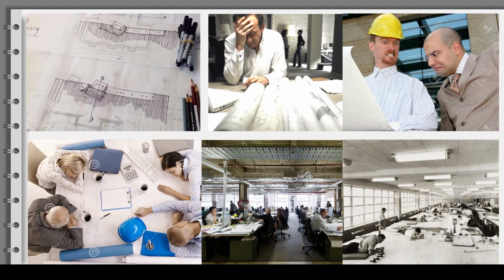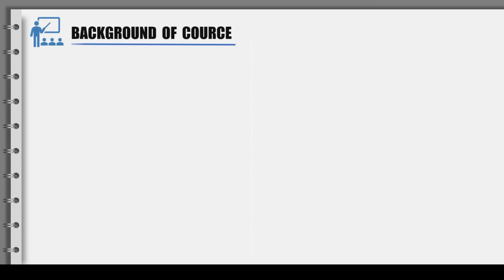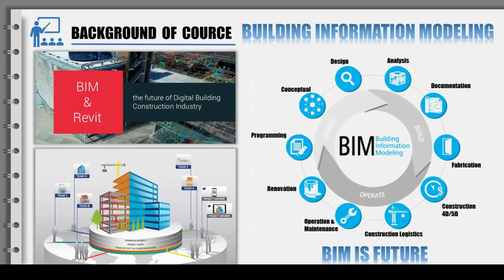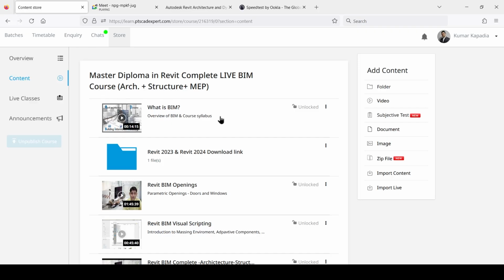So this is where BIM, Building Information Modeling, comes into the picture. It is nothing but a holistic process of gathering the data and then modeling that data for its execution on site.